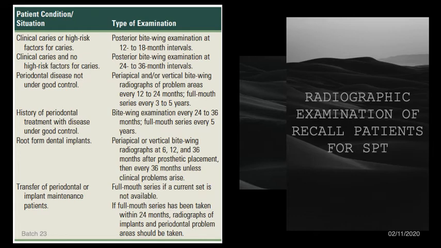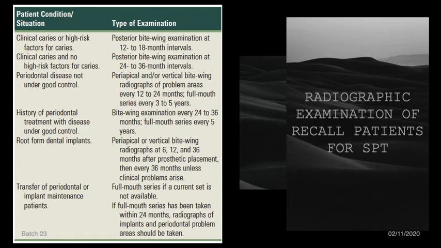For transfer of periodontal or implant maintenance patients, you have to take a full mouth series if the current set is not available. If a full mouth series has been taken within the last 24 months, then take a radiograph only for the site which is involved with disease.